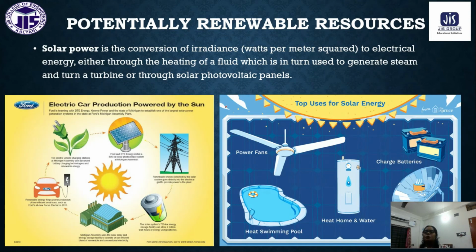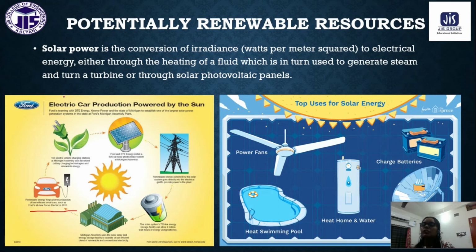Next, a potentially usable renewable resource is solar power. Recently, solar cells are used very frequently in various cases, like for cooking, for charging car batteries, and for the transportation system.